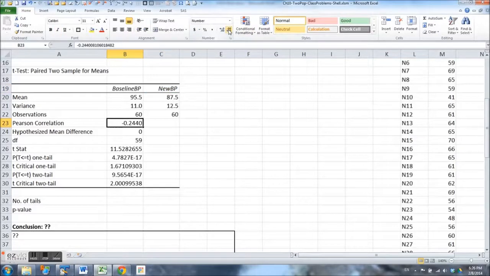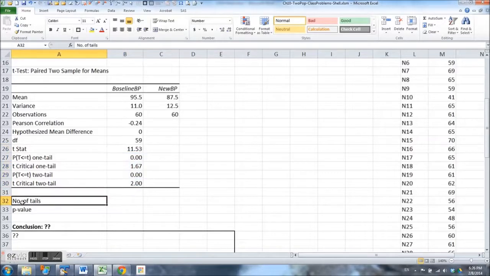And you get the same type of output like before. So now the two means, and the two variances, and the observations, and then you get Pearson's correlation also between the two variables. We'll talk about correlations later.